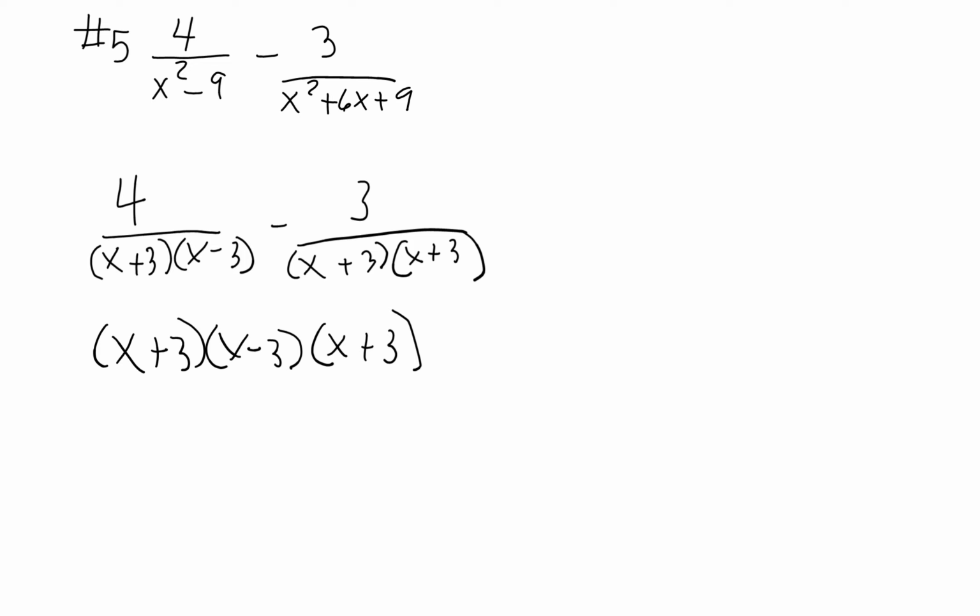Now we are going to find the new numerator for each fraction. If you compare the first fraction, which is 4 over x plus 3 times x minus 3, you can see that the x plus 3 is different.